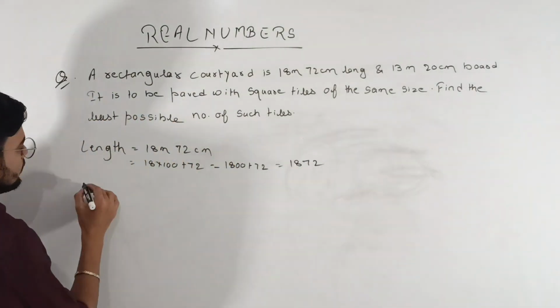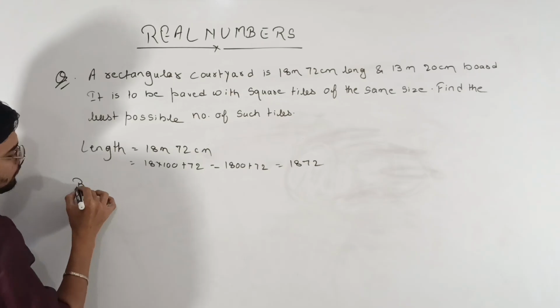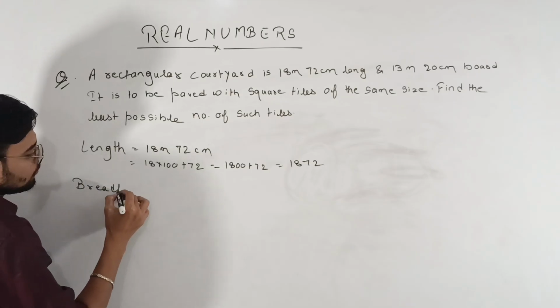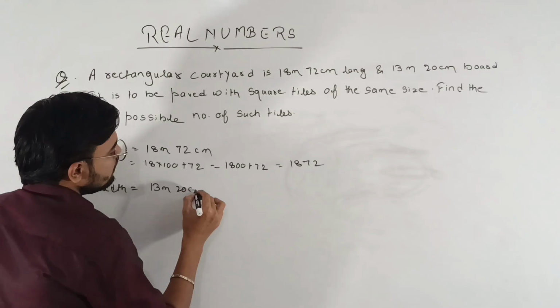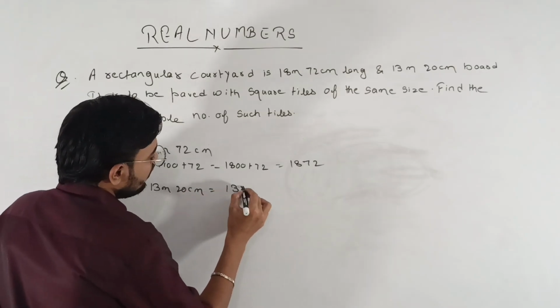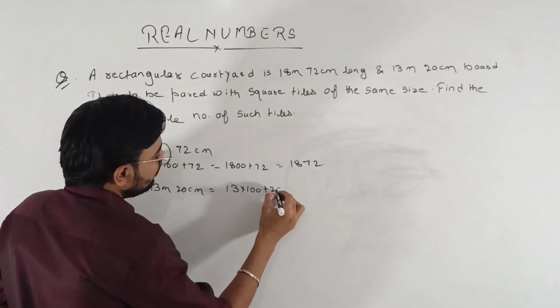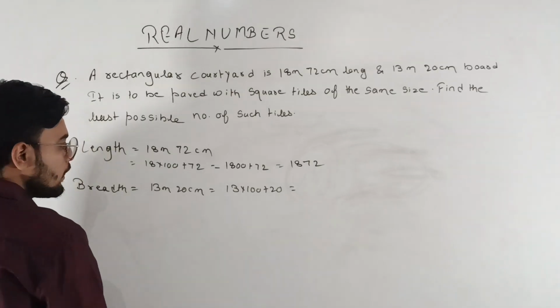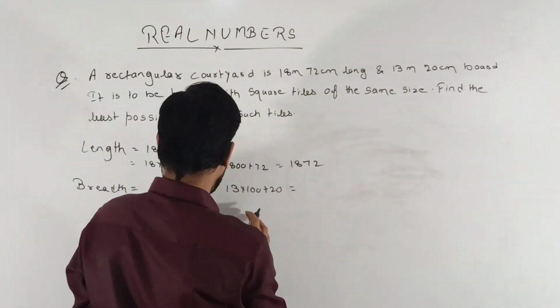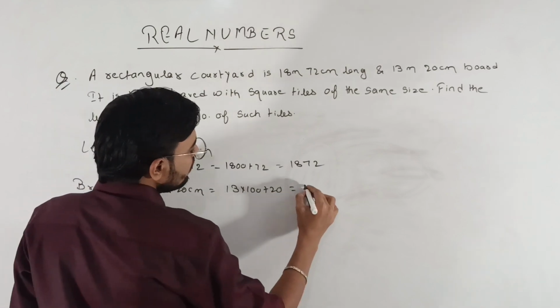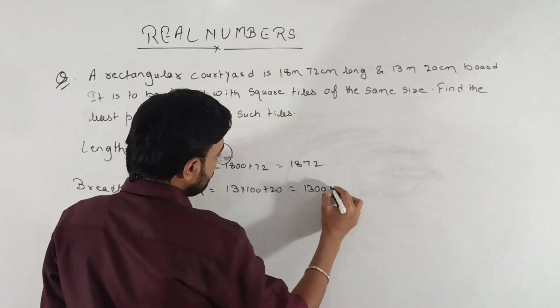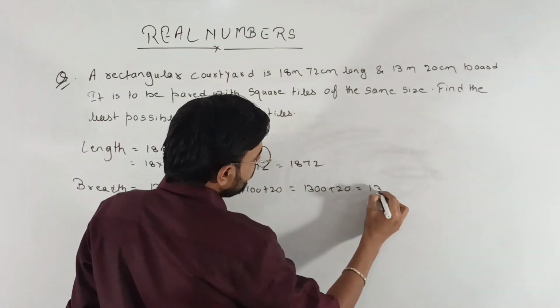Now the breadth equals 13 meter 20 centimeter. Now 13 into 100 plus 20, so this becomes 1300 plus 20, 1320.